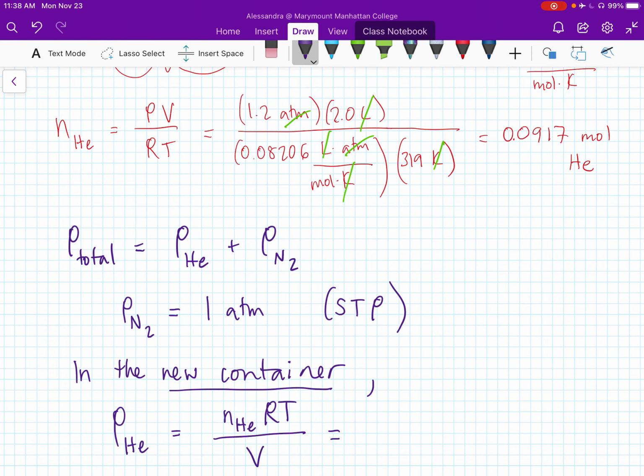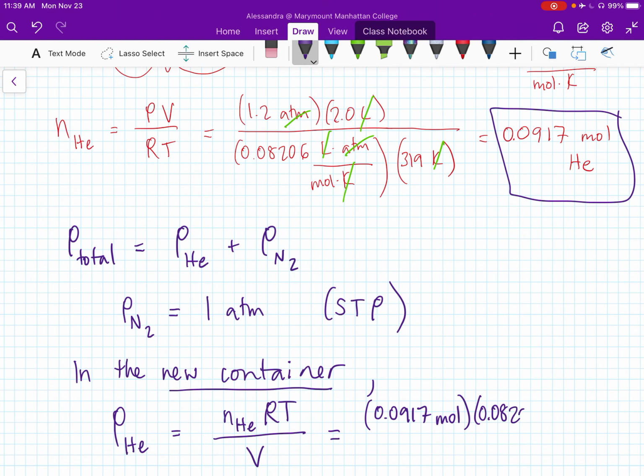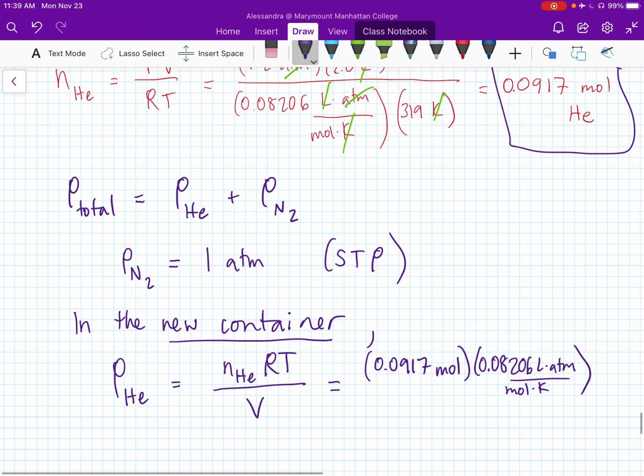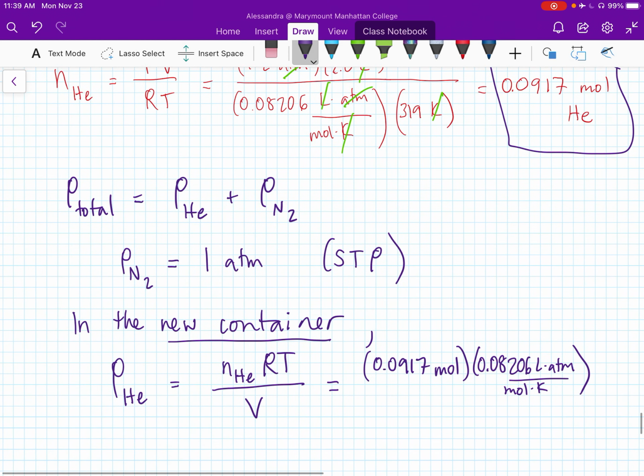Now, I know the number of moles of helium because I calculated it. So I'm going to insert that into this expression, 0.0917 moles of helium times the gas constant, 0.08206 liter atmospheres per mole Kelvin, times the Kelvin temperature in the new container.